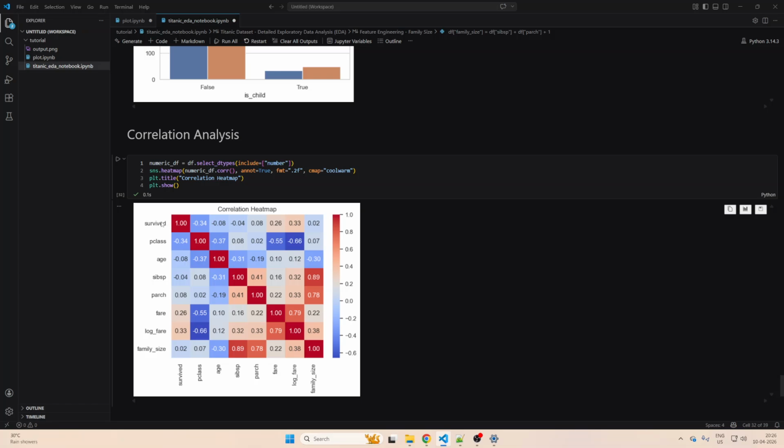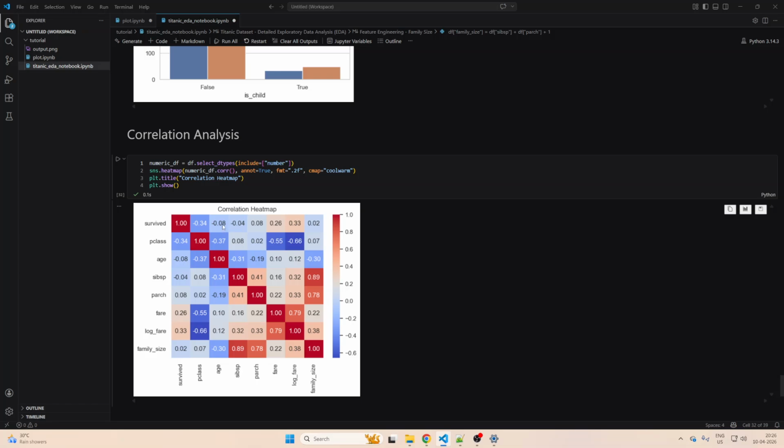Now, if you compare survived with the other features, here you can see the lower classes have a lower chance of survival. That's why it's inversely proportional, correlated.